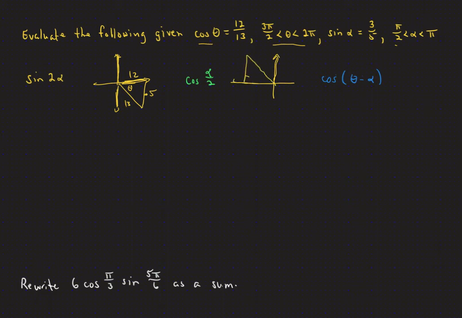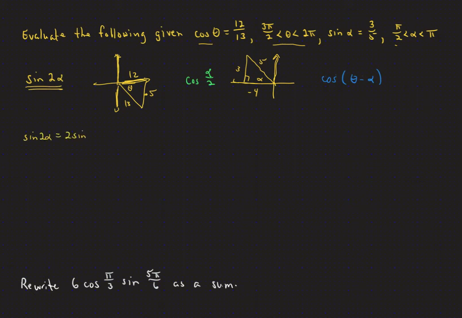That's going to put us here into quadrant 2. The sine is 3/5, and from the Pythagorean theorem and knowing we're in quadrant 2, that's going to make the cosine a negative 4/5.